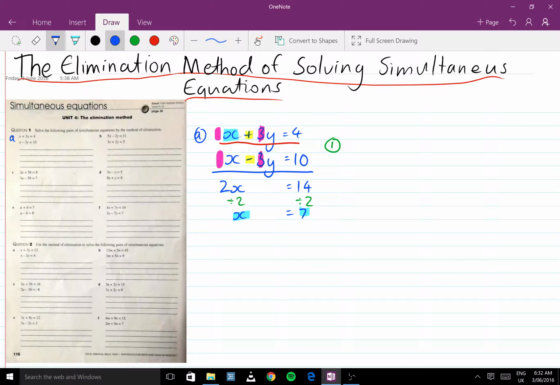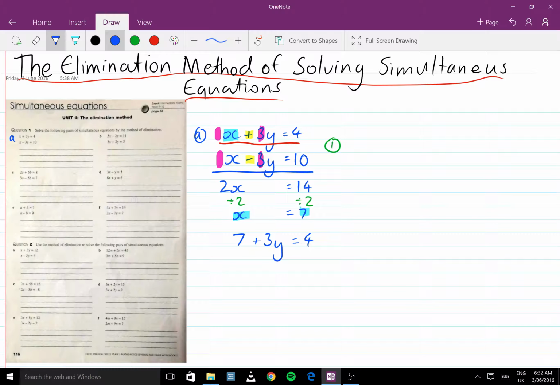So I can rewrite my first equation, the one underlined in red, as 7 plus 3y equals 4.